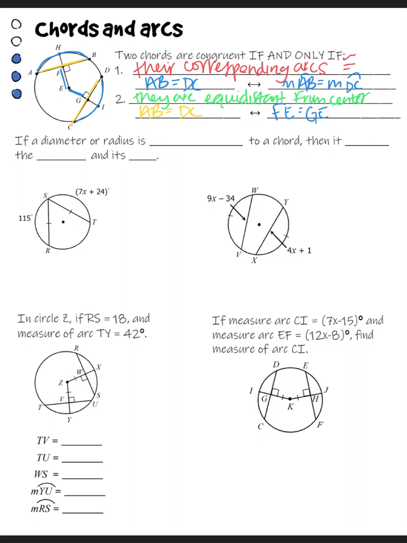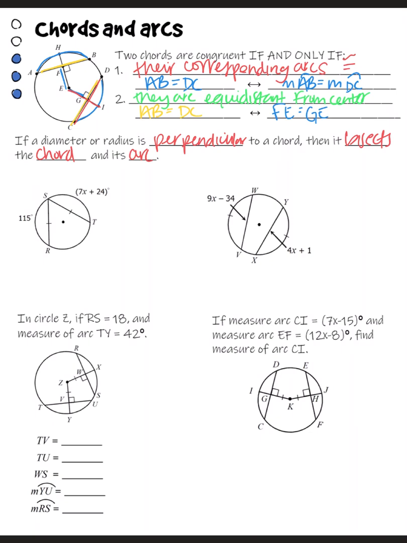If a diameter or a radius is perpendicular, and you can see this radius EI is perpendicular to the chord DC, then it bisects the chord and its arc.